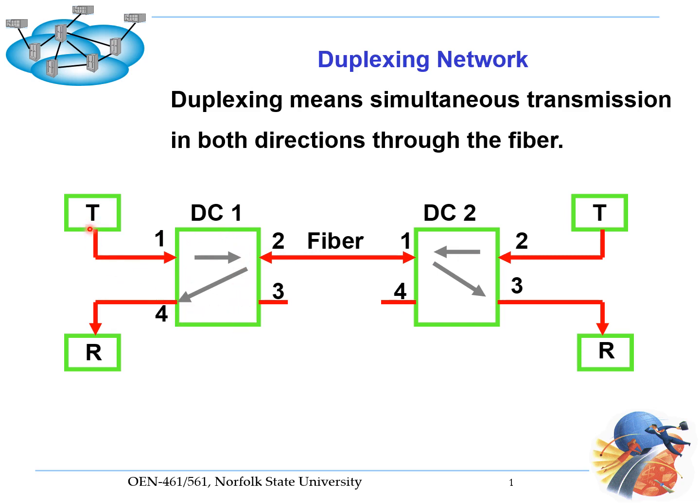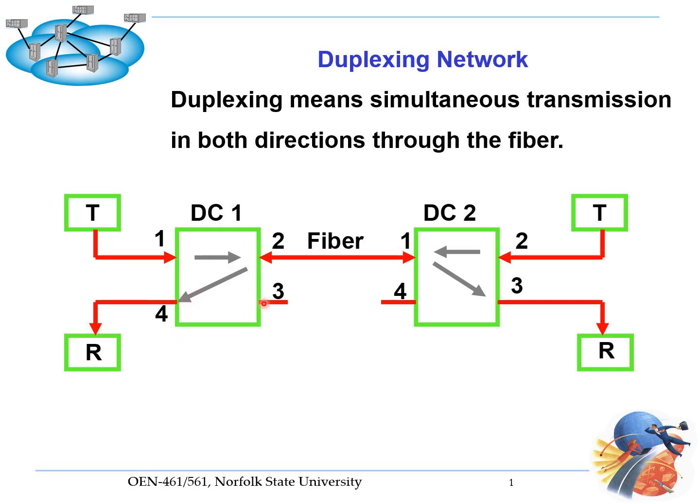The signal from user 1 could be transmitted to user 2, and the signal from user 2 could be transmitted to user 1. But effectively, if we look closely at how many ports of each directional coupler we utilize, it is actually 3, not 4.